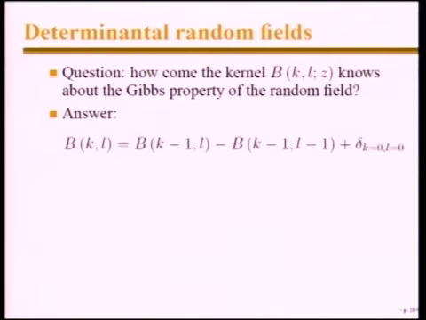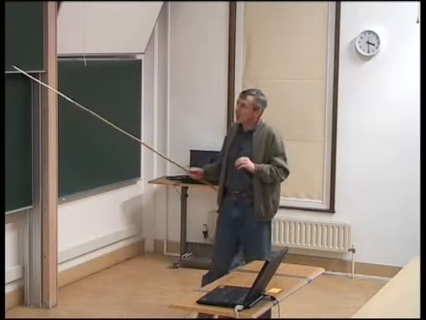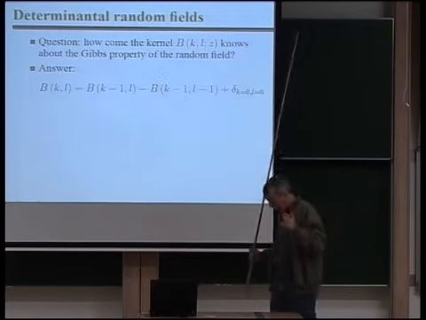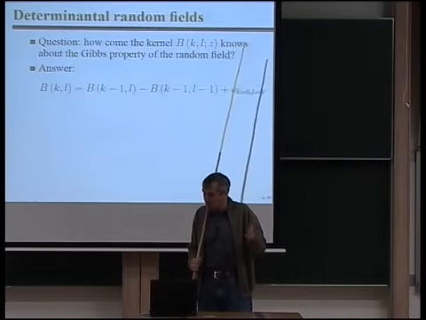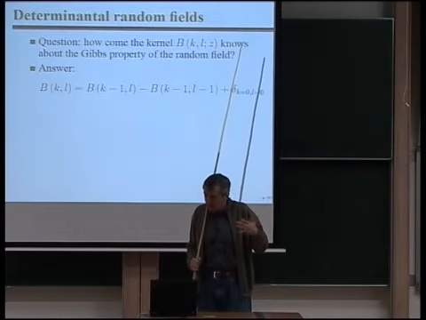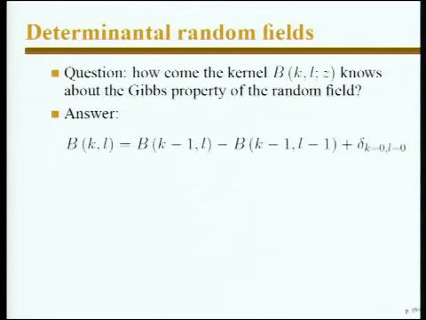So, well, it turns out that if you know the following, that you have some kernel, and somebody already told you that that kernel defines for you a probability distribution. So it really defines a determinantal process. And moreover, you check that the kernel satisfies some kind of linear relation.